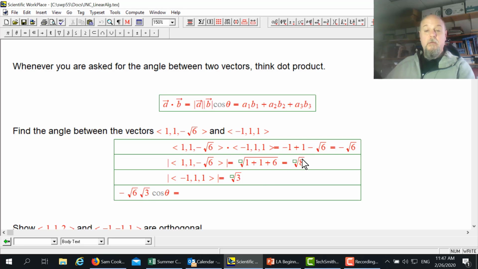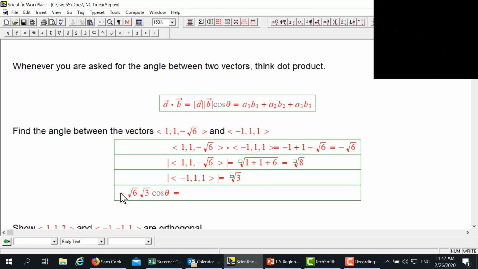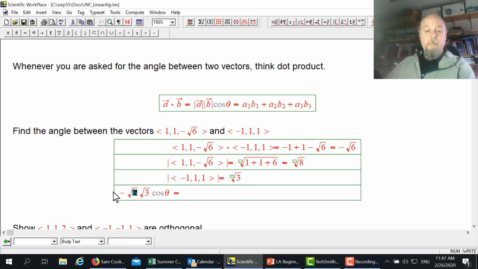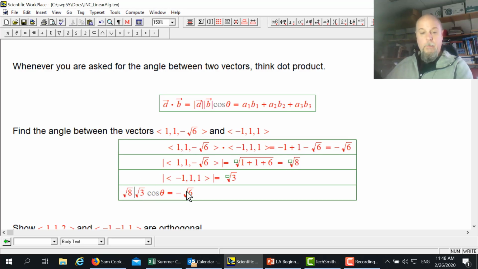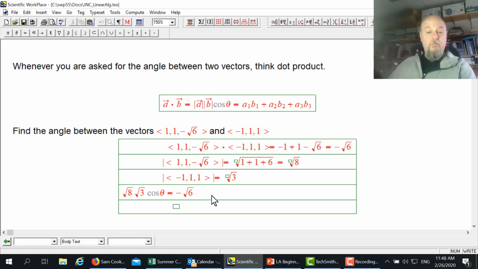Oh, my bad. I copied the wrong thing here. This magnitude can't be negative. That's our dot product. That looks better. Magnitude of A, magnitude of B, cos of the angle between them equals the dot product. And now we can solve this for cosine theta.